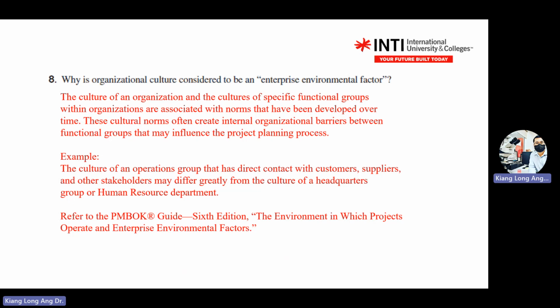You see, the culture is a factor here because culture can create barriers that affect the project planning. The keyword is barriers, organization barriers between the functional groups. The keyword is functional group, not between the project managers. Between the functional groups that influence the project planning process.